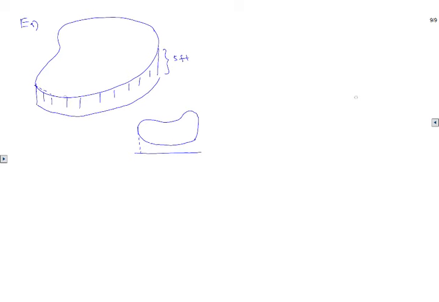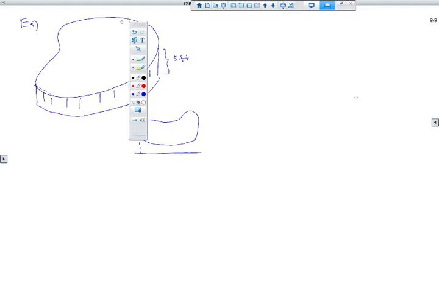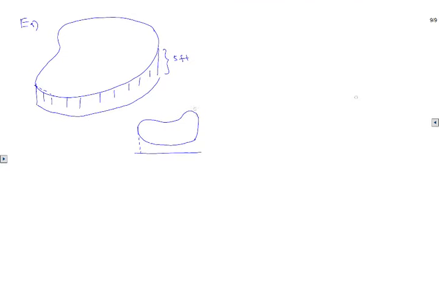You can pick any side you want, and that's the end here. What we normally do is divide this into equal parts, depending on how large it is, and then use the Simpson rule to find the area. Once you get the area, you can multiply by the height to get the volume.